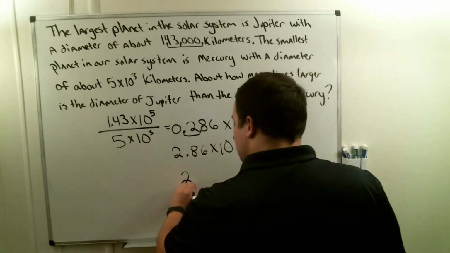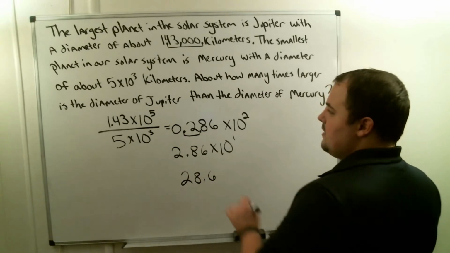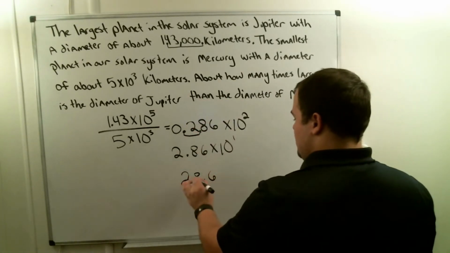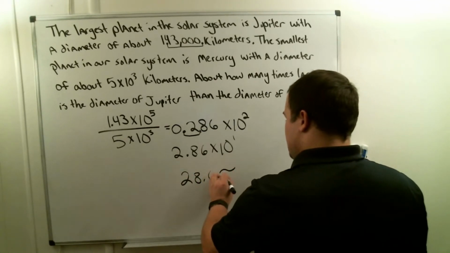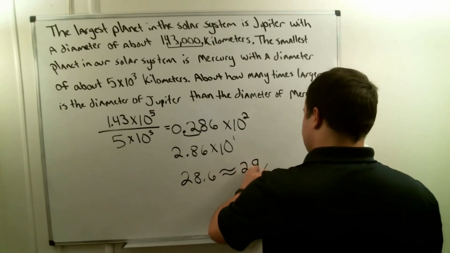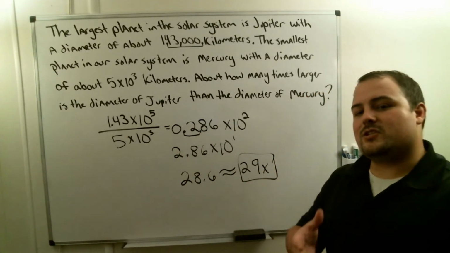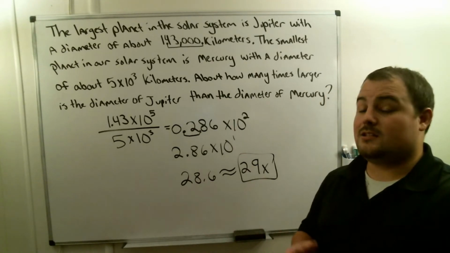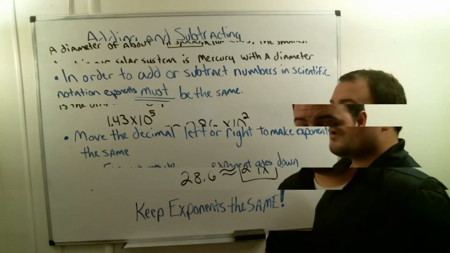So this means that it's 28.6 times larger. Now, if it says about how many times larger, all you have to do is round this number up. 28.6 is about 29. So this means that the planet Jupiter is about 29 times larger than the planet Mercury. That's a huge planet.